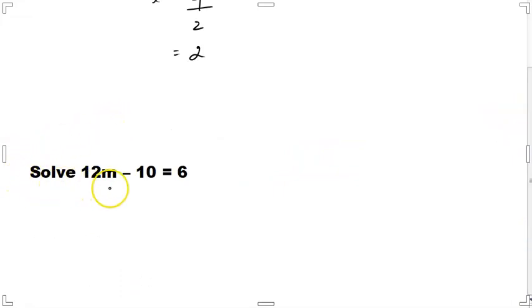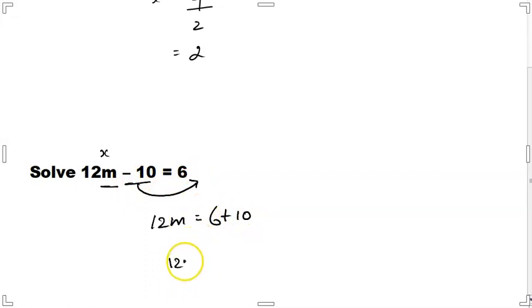12m. Don't get confused whether it can be any variable. Don't think it should be only x or only y. It can be any variable, any alphabet. Okay. So next, 12m equals 6 plus 10. This minus 10 is moved to the other side as plus 10.